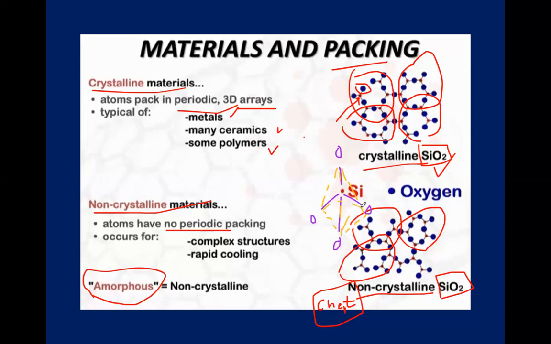This is called a tetrahedron. Since silicon is in the middle as the joining element, we call it a silicon tetrahedron. Silicon tetrahedron means you have one silicon atom bonded with four oxygen atoms.